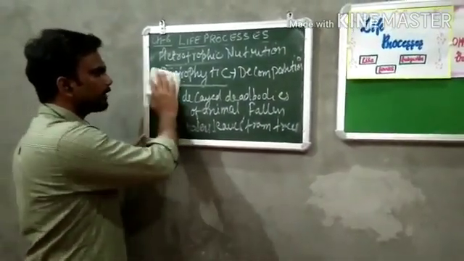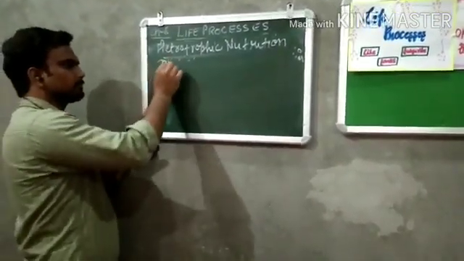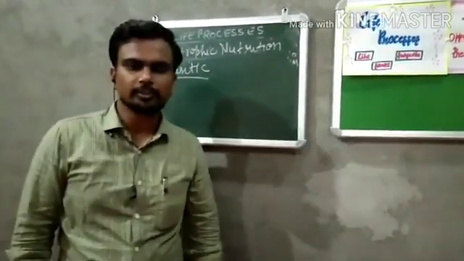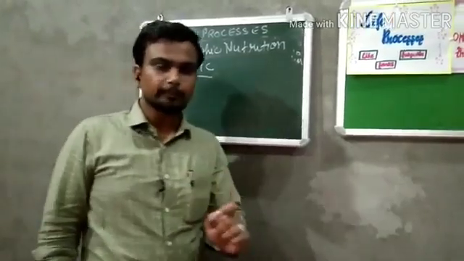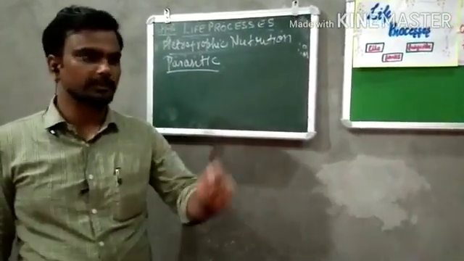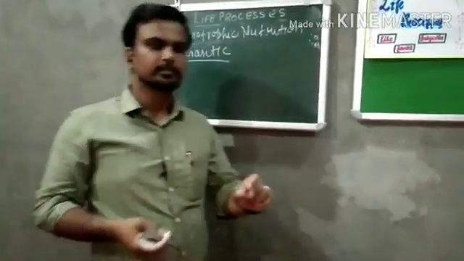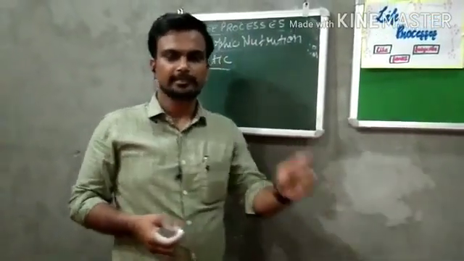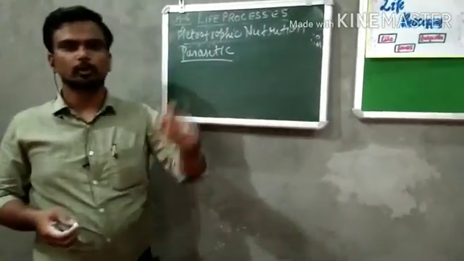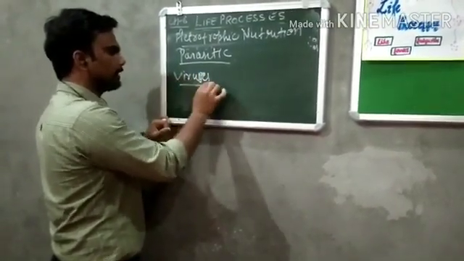Another type of heterotrophic nutrition is parasitic. Parasitic nutrition is a type of nutrition in which an organism lives on or directly depends on other organisms and gets its food from that organism, at a loss to that organism. Means one organism will live inside another organism, take its food from there, and affect the host organism inside which it is living, like viruses, bacteria.